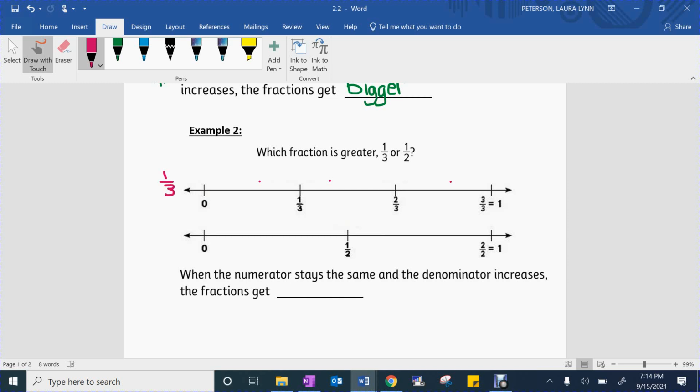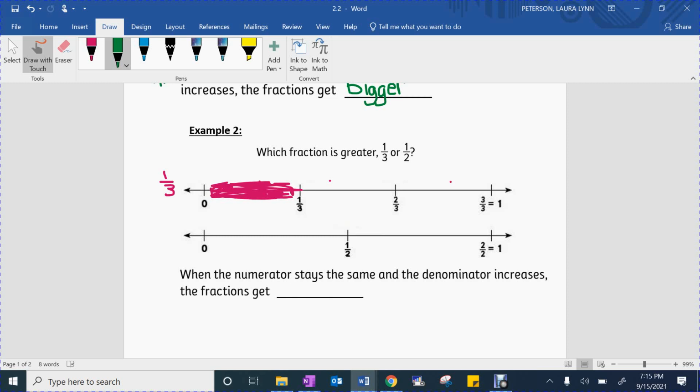We're going to color in what this looks like. 1/3 means I color in one section out of the 3. So let's color in with our pencils one section. Good job.